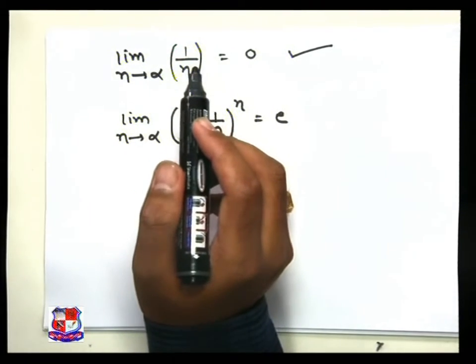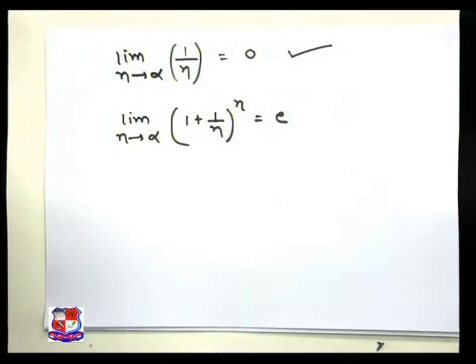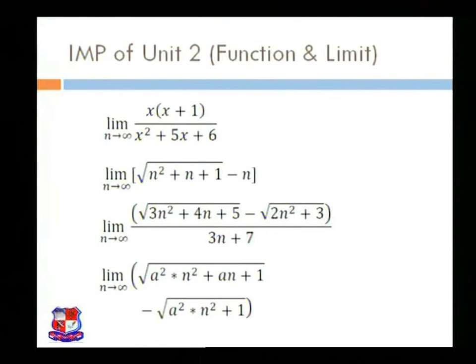So we move to our next sum: limit n tends to infinity. Now our limit goes to the infinite side, the sum is x into x plus 1 divided by x square plus 5x plus 6.